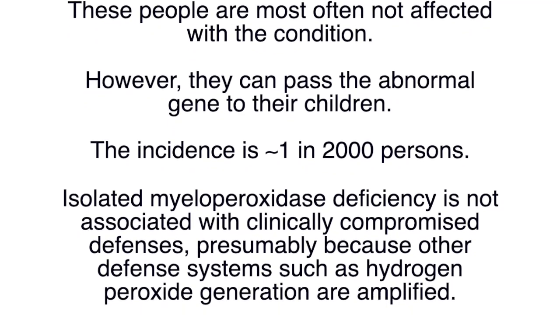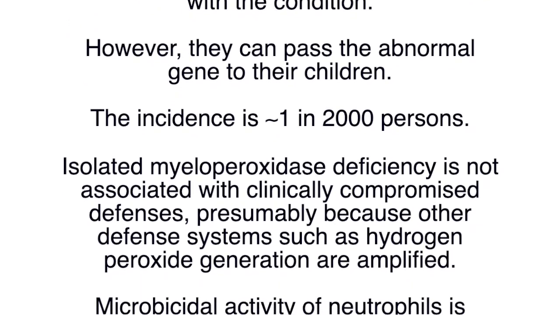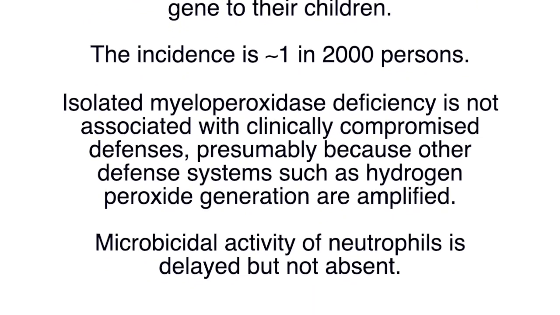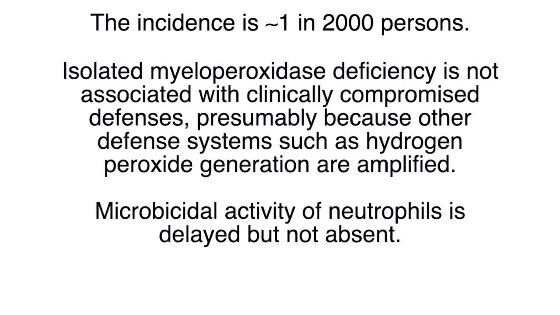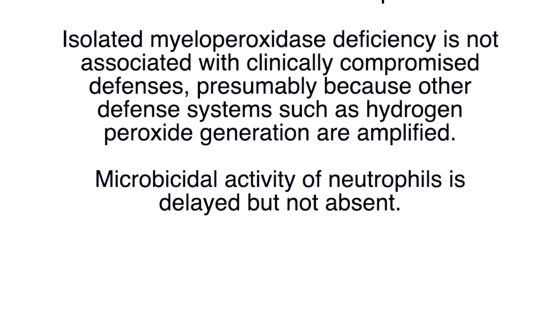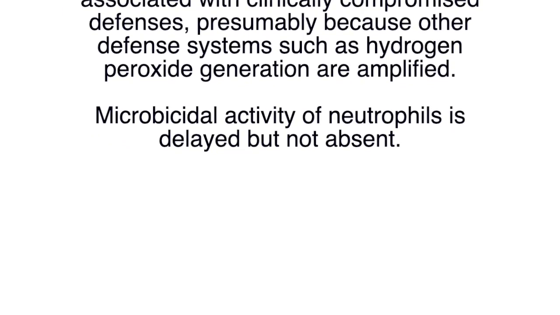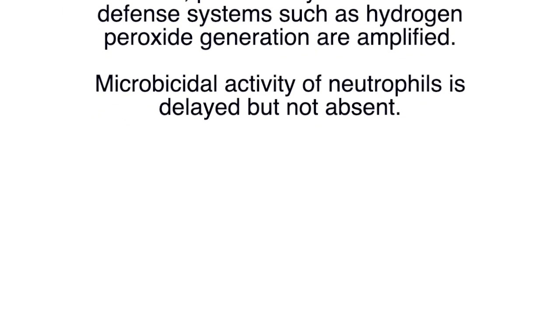The incidence is about 1 in 2000 persons. Isolated myeloperoxidase deficiency is not associated with clinically compromised defenses, presumably because other defense systems such as hydrogen peroxide generation are amplified. Microbicidal activity of neutrophils is delayed but not absent.